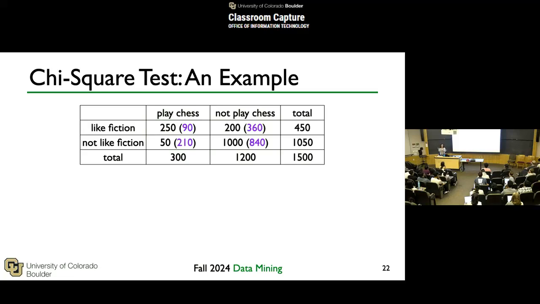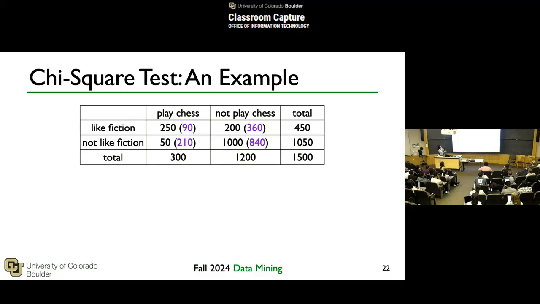So when you have two binary variables, how many combinations do you have? 4. 2 by 2, right? So you have two possible values here, two possible values there. I'm looking at the combinations of 4, okay? So in this case, I have this matrix, right? This is a combination, like fiction, play chess. So that's what I'm seeing here. 250 means I have 250 people in my population who like fiction and play chess, okay?